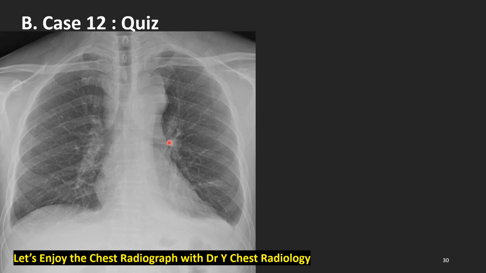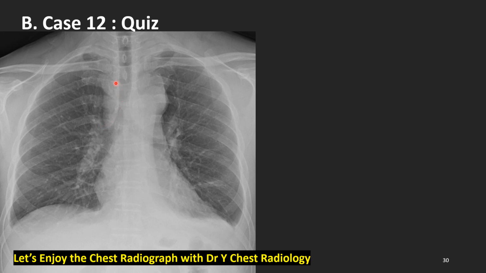And this is case number 12, actually a quiz for you. This is a young man's chest radiograph. What do we see? And can you diagnose what this is? You can see the bilateral mediastinal widening and diffuse bulging contour at the mediastinum, well defined.